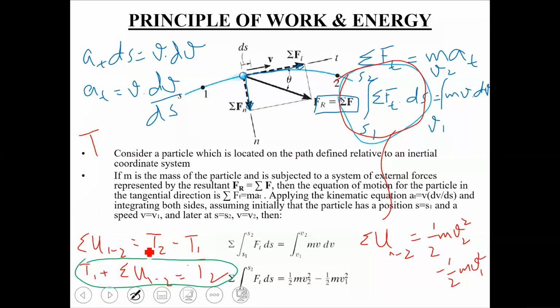This equation is basically termed as the principle of work and energy.